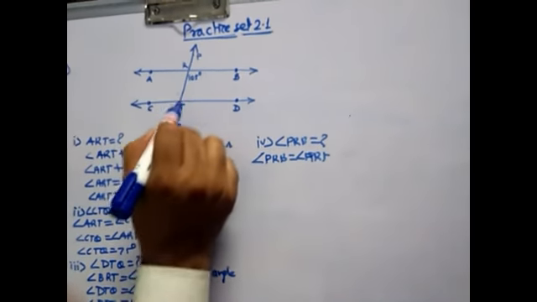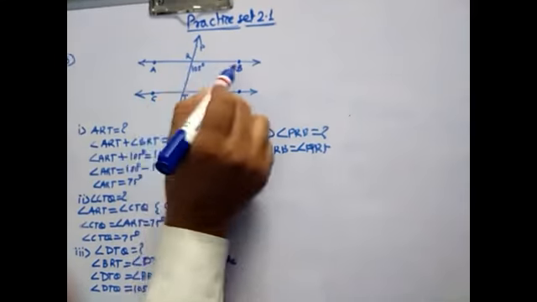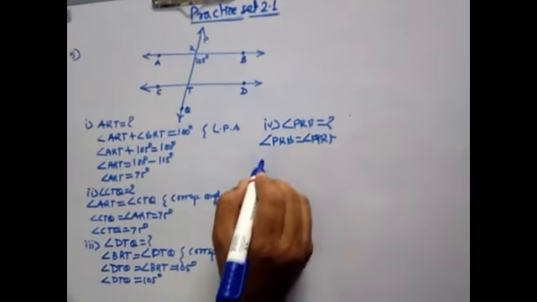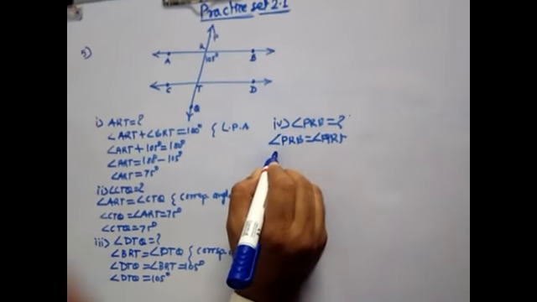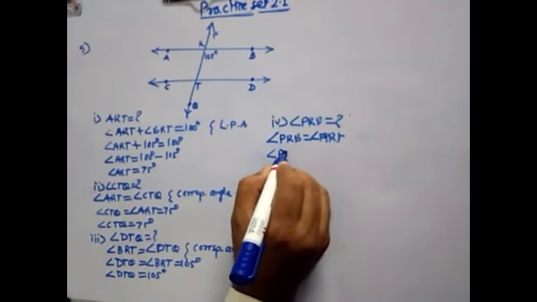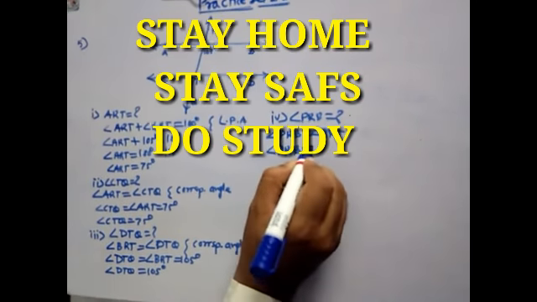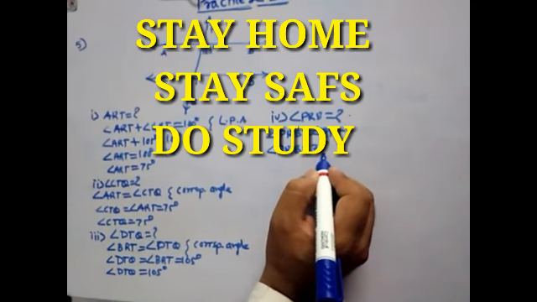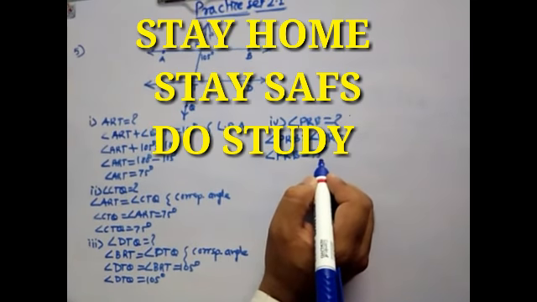This ART and PRB, these two angles. So what is the value of PRB? Write down here, what is the value of ART? 75. So angle PRB is equal to 75 degrees. In this way we solve that practice set 2.